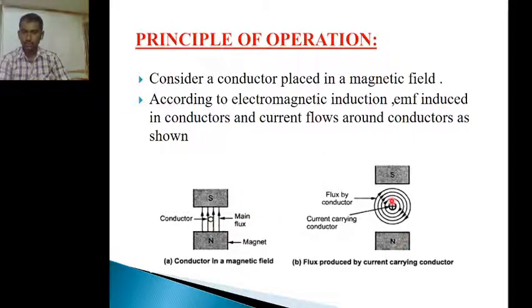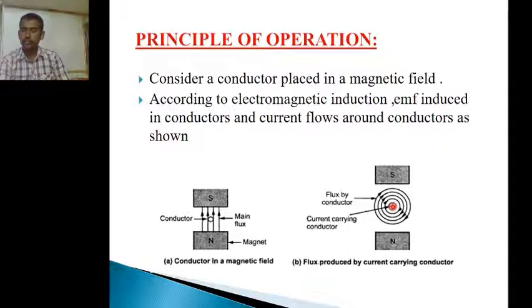Here is the conductor, and it is now a current carrying conductor, and the current direction is outward. If you represent a cross symbol inside the conductor, that means the current direction is outward. If you represent a dot in the conductor symbol, that means inward direction.